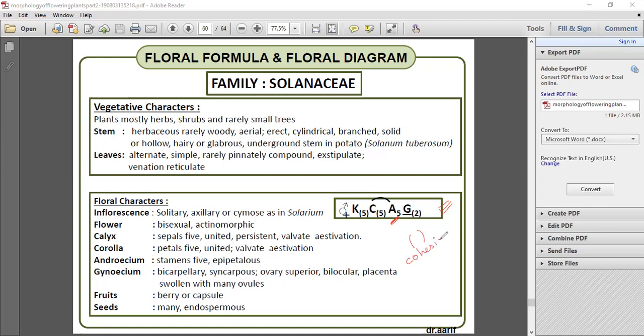Cohesion is always between components of the same type. For example, this is a cohesion. Why? Because in this group, 5 of the calyx are fused together. In case of C, 5 of the corolla are fused together. But in this case, 5 of the A are not fused together. But does A have any other type of relationship? Ma'am, yes, adhesion. So we can say it is called adhesion.